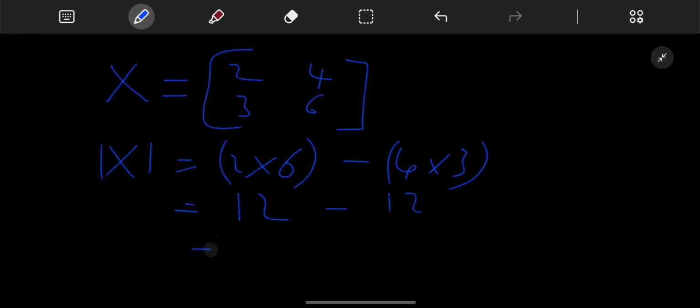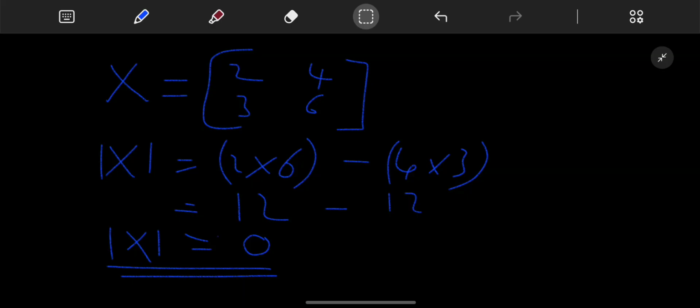So 12 minus 12 is equal to 0. So the determinant of this matrix is equal to 0, so this matrix is called a singular matrix. And like we said, this matrix has no inverse.